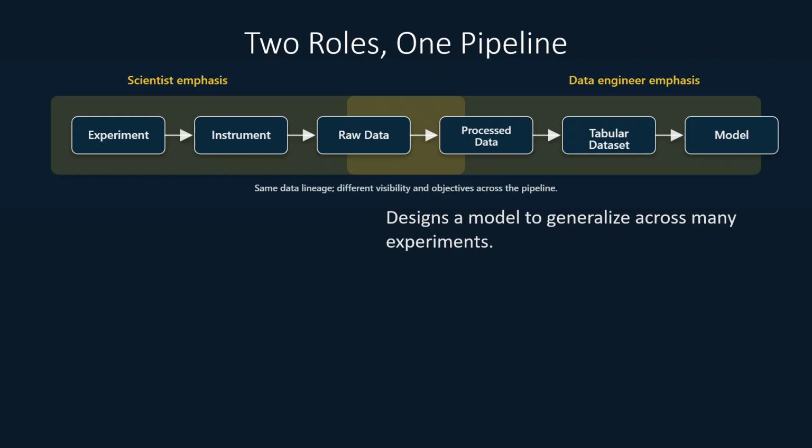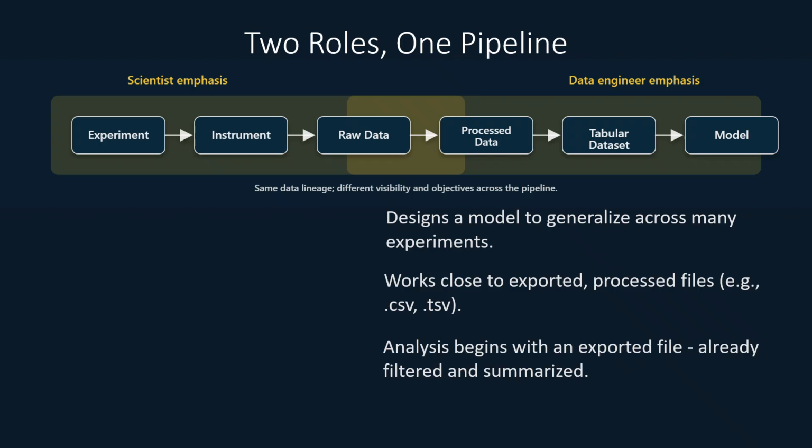By the time the data reaches them, key filtering, normalization, and summarization decisions are already made. Their job is to quantify and model those patterns computationally, often without full visibility into the upstream experimental choices. So let's see, this is important, right? Both need to speak with each other.